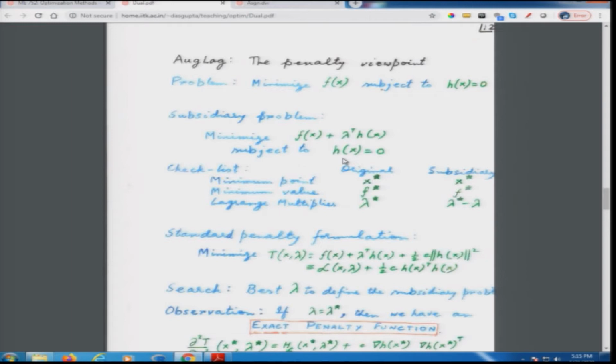This subsidiary problem has its solution at the same point, and the Lagrange multiplier differs by whatever lambda you have put here.